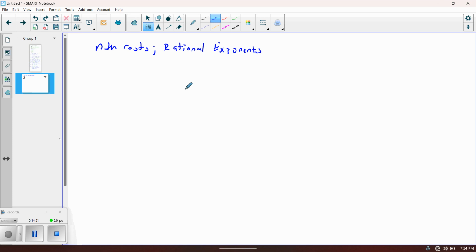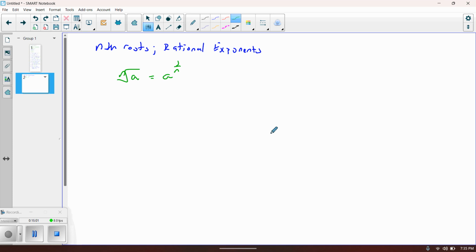So first thing is, let's define how we write a root as a rational exponent. If you have the nth root of a, that is the same thing as saying that a is being raised to the 1 over n power.